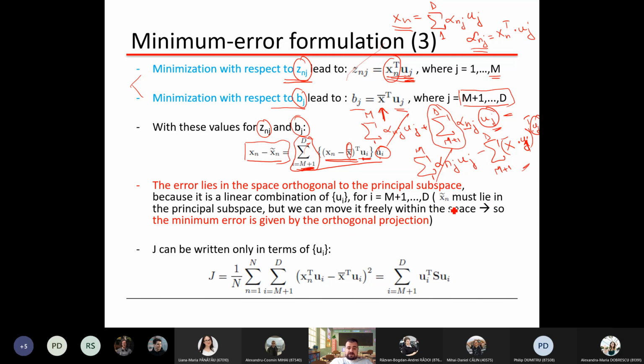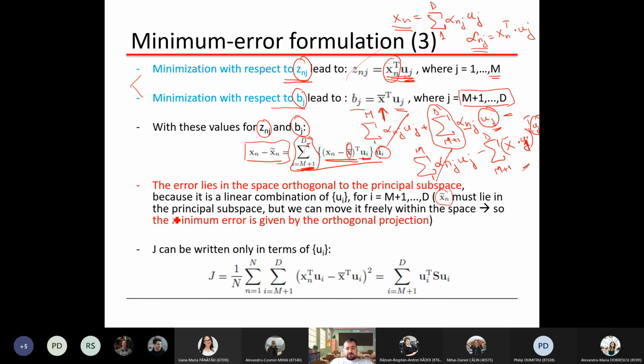So what this means actually is that xn tilde must lie in the principal subspace, but we can move it freely in this subspace, and the minimum error is given by the orthogonal projection, because if I have the distance from a point to a subspace, the smallest value for this distance will be when we have exactly the projection of that point on the subspace.